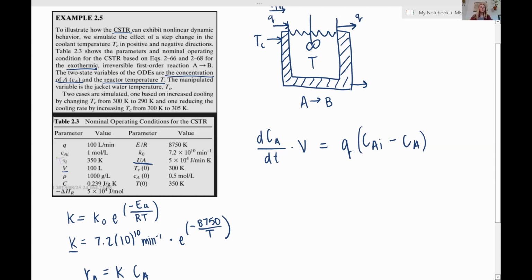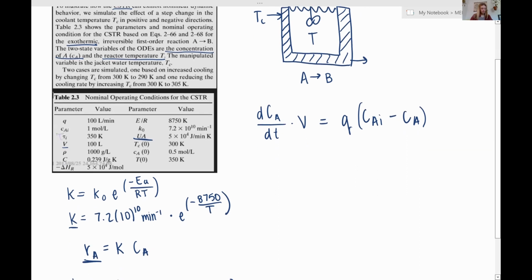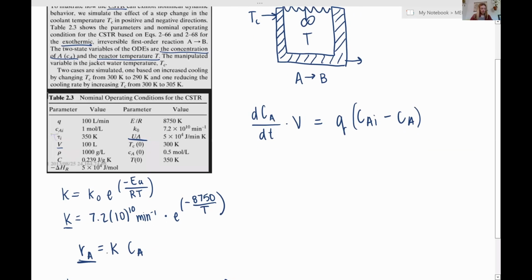Now we know there's going to be some rate of consumption of A because our reaction is going from A to B. And that's actually just going to be our Ra equals KCa. We found that earlier. That's going to be our rate of consumption. So we'll just subtract KCa.